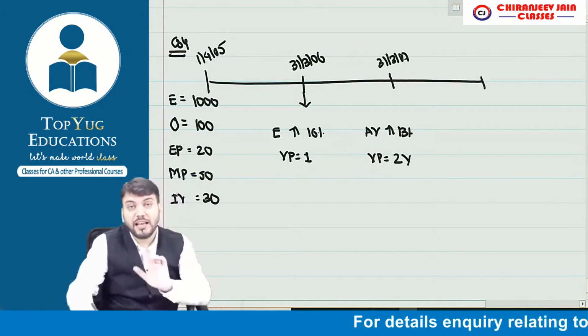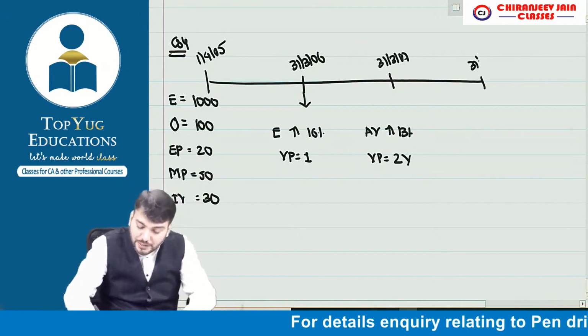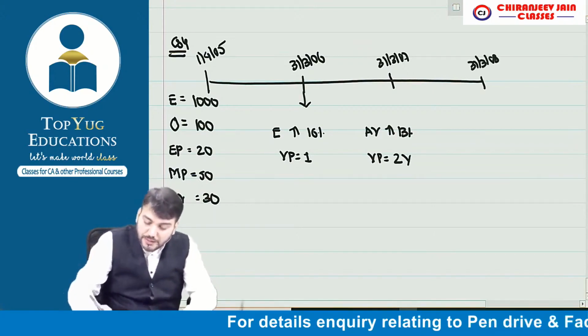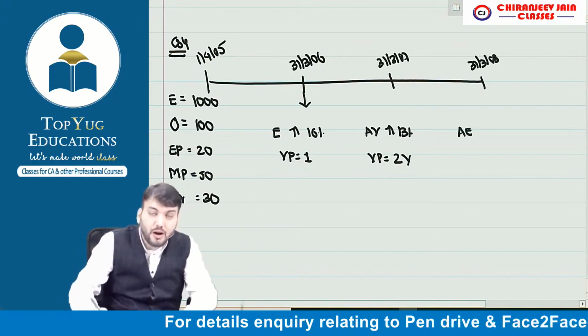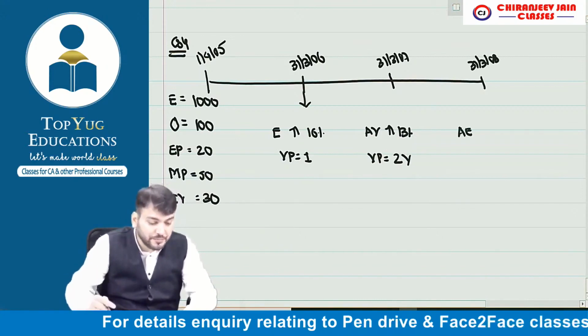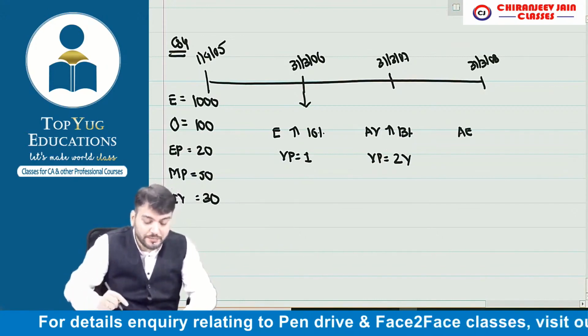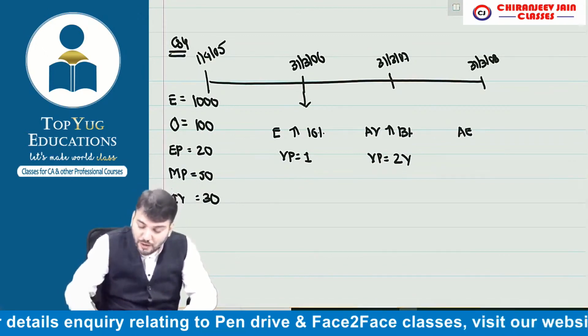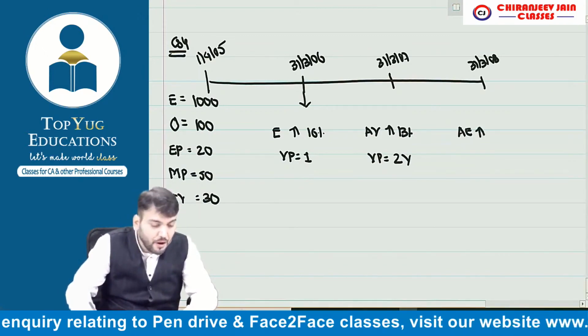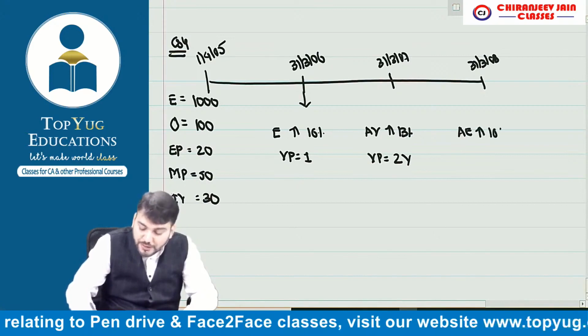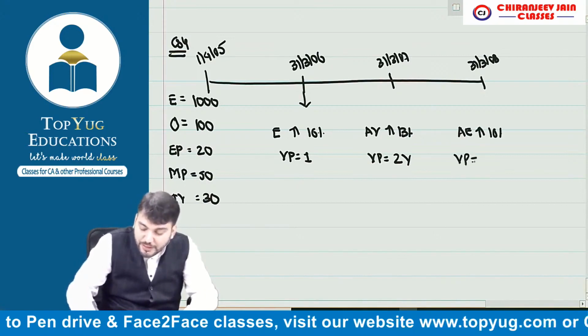And they said the last chance will be 31st March 2008: if the average earning of the first, second and third year increases by how much? They have said 10%. Then the vesting period will be 3 years.